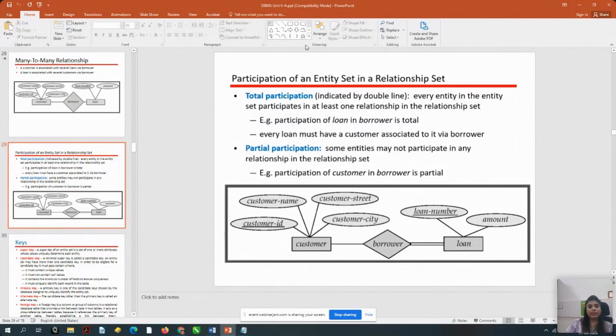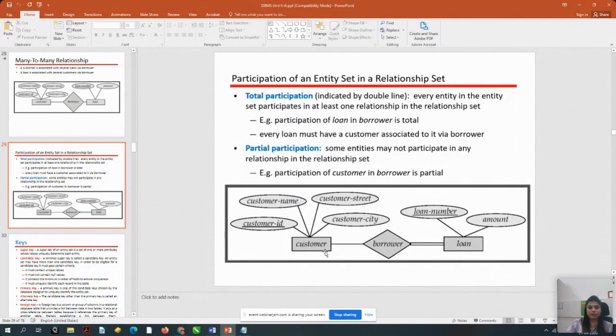The total participation is indicated by the double line and partial is indicated by a single line. For example, when a loan number or amount is there in the entity of loan, that means it is for sure that that particular loan is linked to some customer. So the participation of the loan entity is total, full participation.